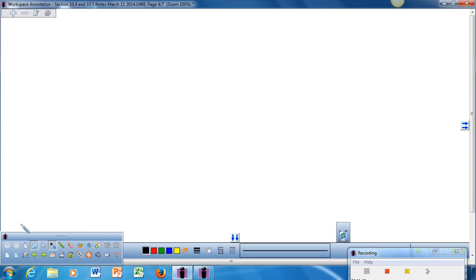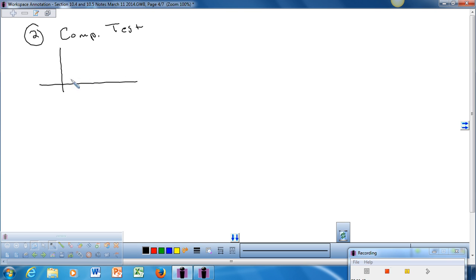This is example 2 for the comparison test. So I want you to consider a series that looks like this, and one that looks like this. We're going to call the closed dot a sub n and the open dot b sub n.